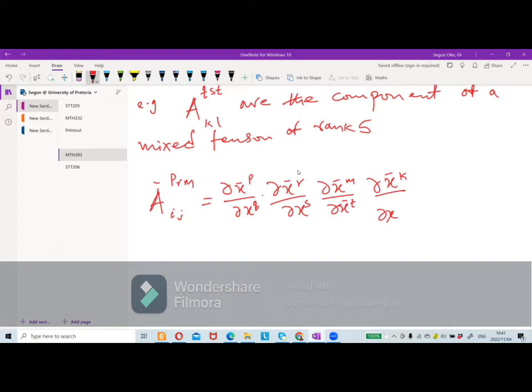So you notice that for the ones raised to power, we put the bar up, while for the subscript, we put the bar down. Please take note of that.